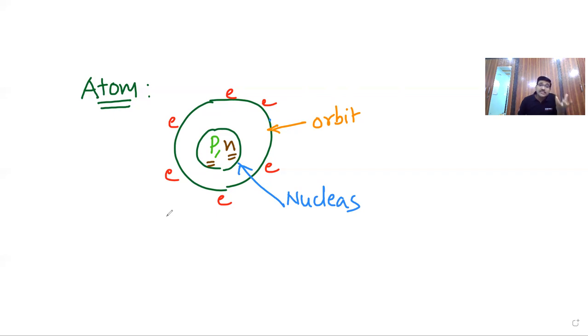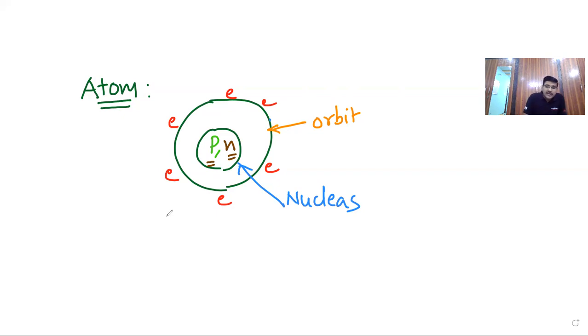What is present in the nucleus? Protons and neutrons are present. Hence, the total atomic mass is nothing but the mass of protons plus the mass of neutrons, which exist in the central core part, the nucleus.